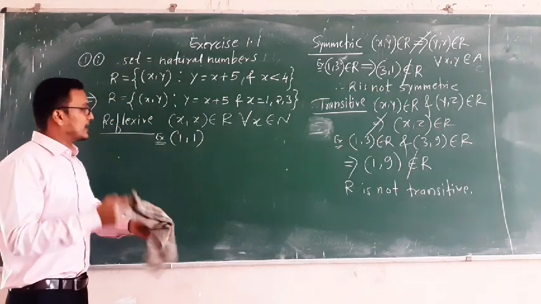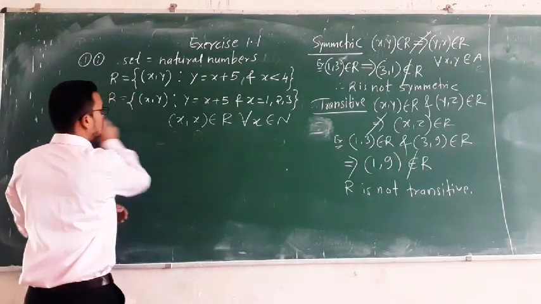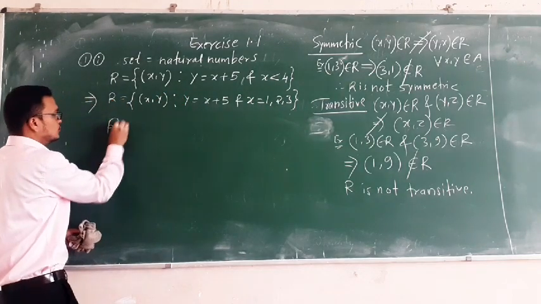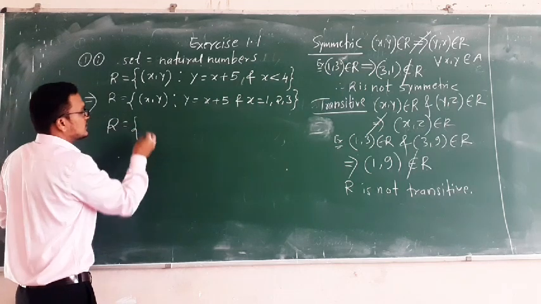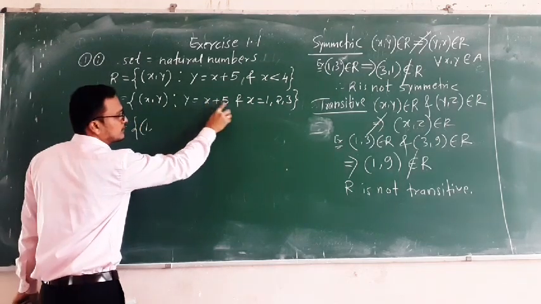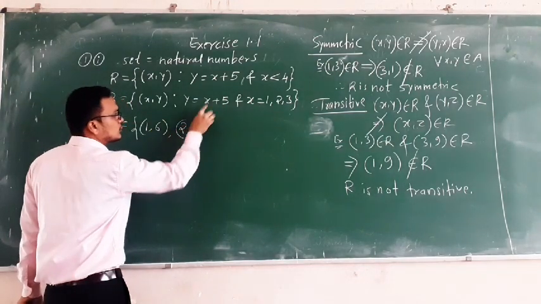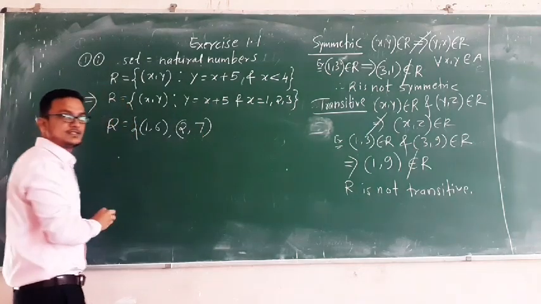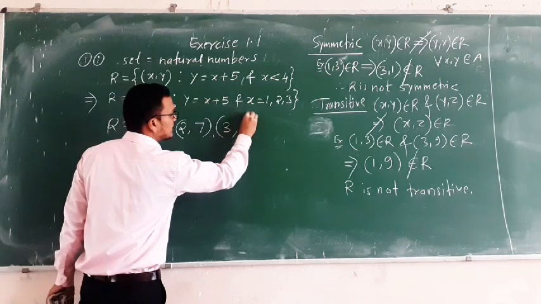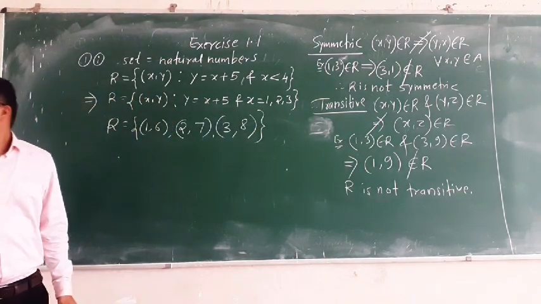We have to write the roster form first, so I have not written it here. Let me write that roster form. So R is equal to: if I put x is 1, 1 plus 5 is 6. Next, if I put x is 2, y will become 7. If I put x is 3, y will become 8. So this is your relation in the roster form.